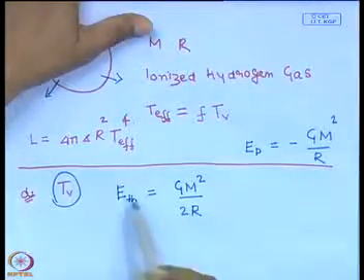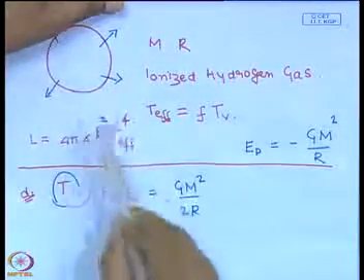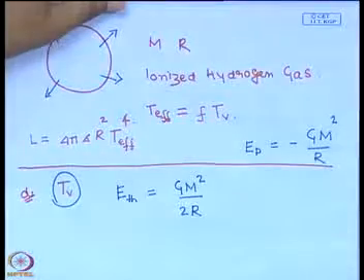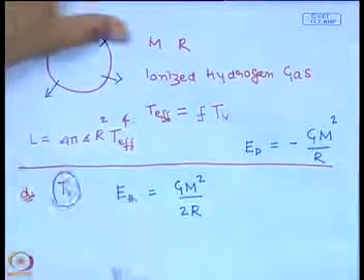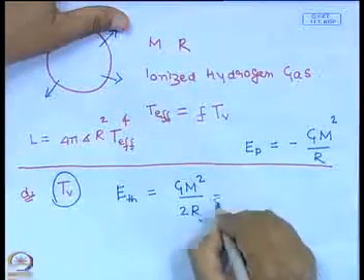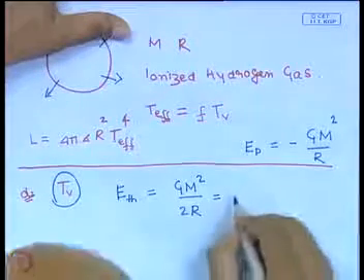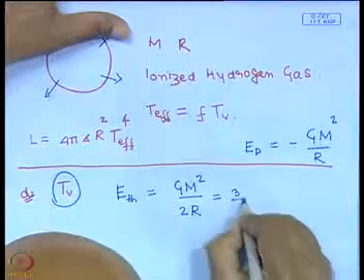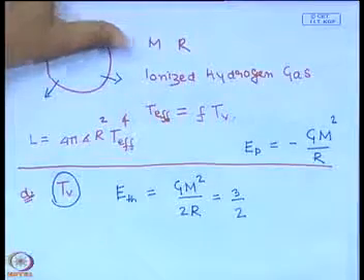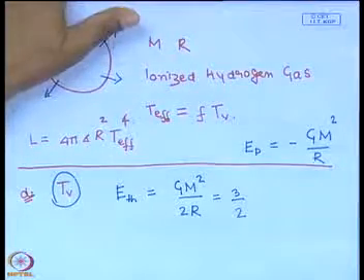And this is an ideal gas, ionized hydrogen. So, we know for an ideal gas the thermal energy is 3 by 2 into the number of particles.